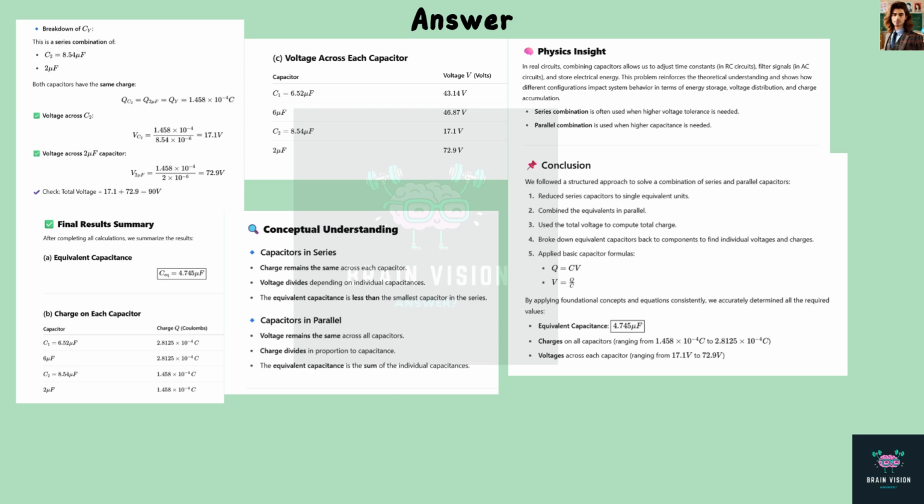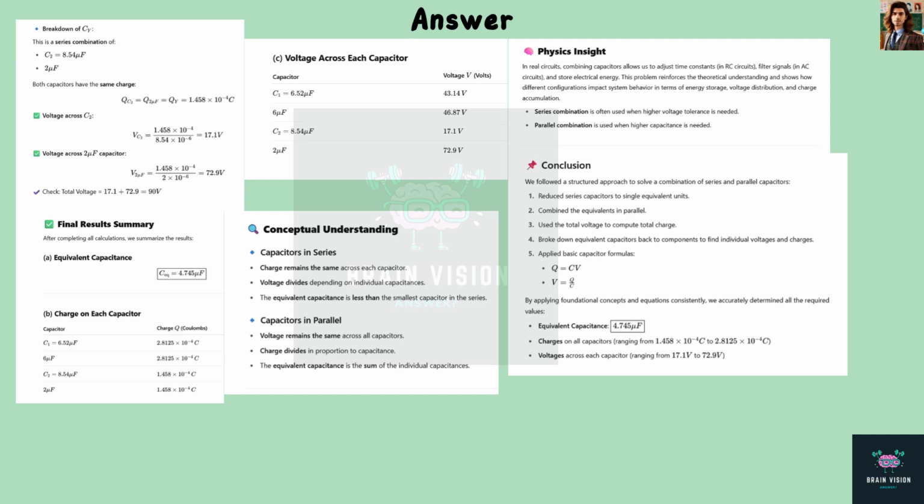C1 equals 6.52 µF, 43.14 V. C2 equals 8.54 µF, 17.1 V, and 72.9 V.